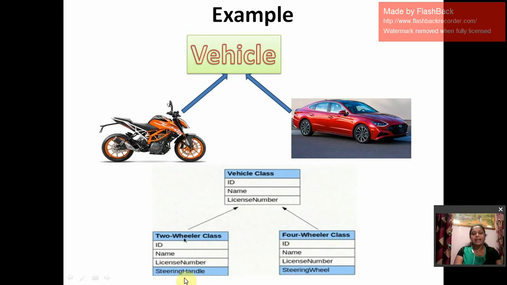So it is a new class with all the properties of its parent class. Now four-wheeler. A four-wheeler also has all the properties of the Vehicle class with a new steering wheel. That means two different new classes are made with different new properties. So this concept as a whole is inheritance.